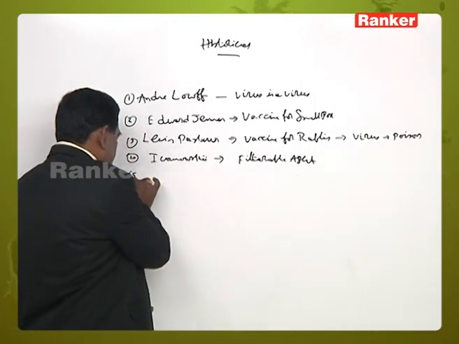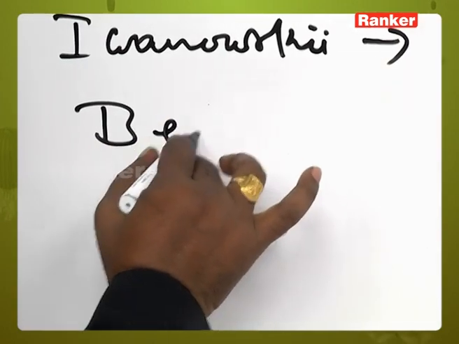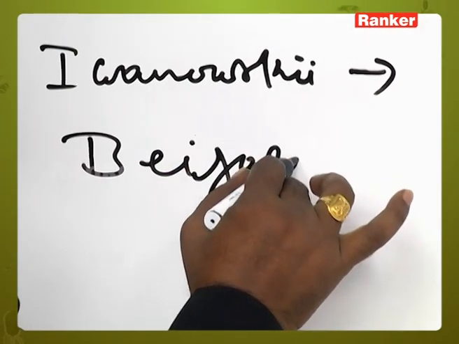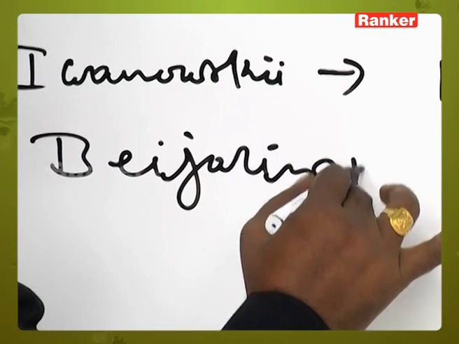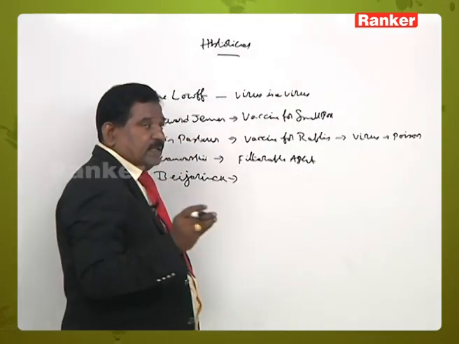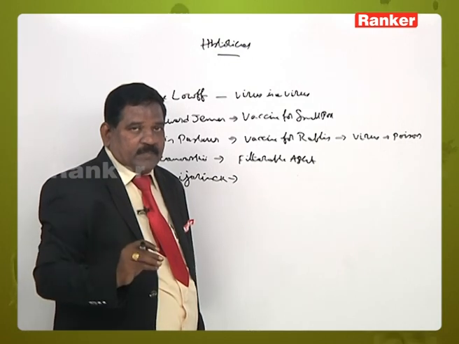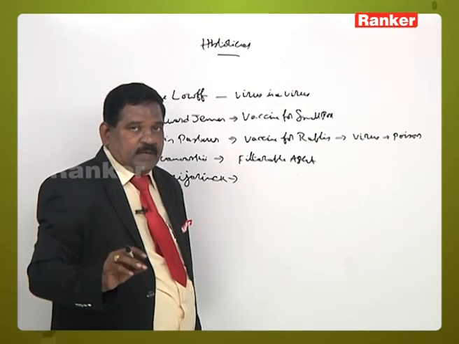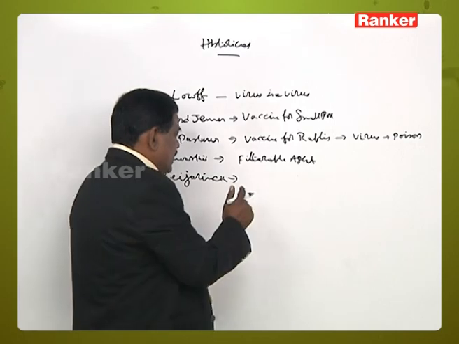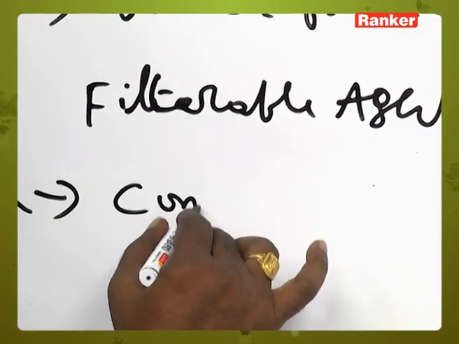Next, Beijerinck. He applied the sap from the diseased tobacco plant to a healthy plant, and the healthy plant was affected by the disease. So he stated that it is contagium vivum fluidum.